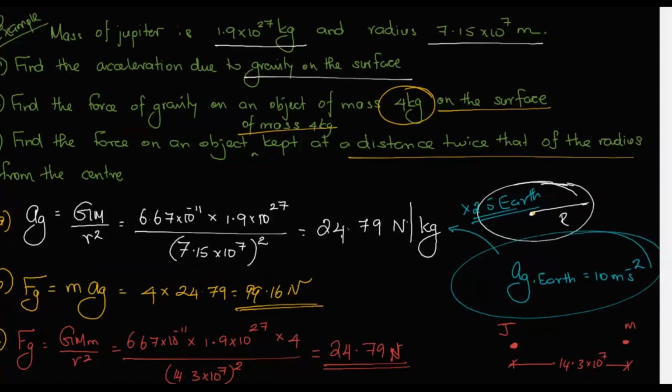So what we know so far is the Jupiter, and at the radius, the force is 99.16 Newton. And now what we have done is we have doubled the distance between the mass and the center of the Jupiter.